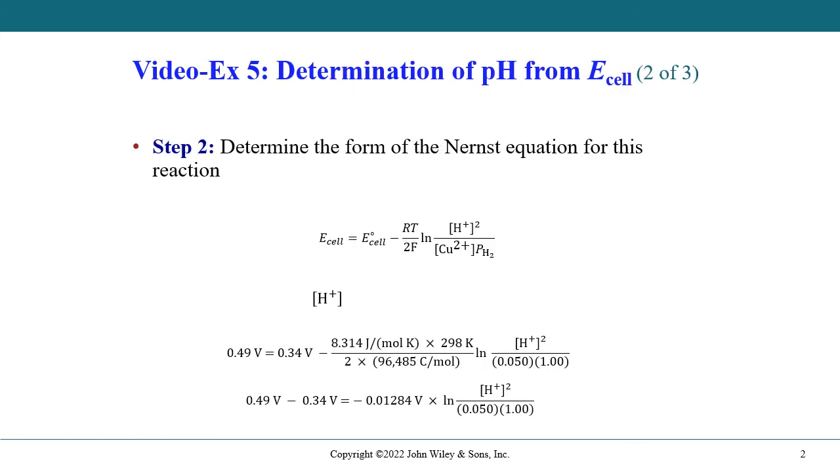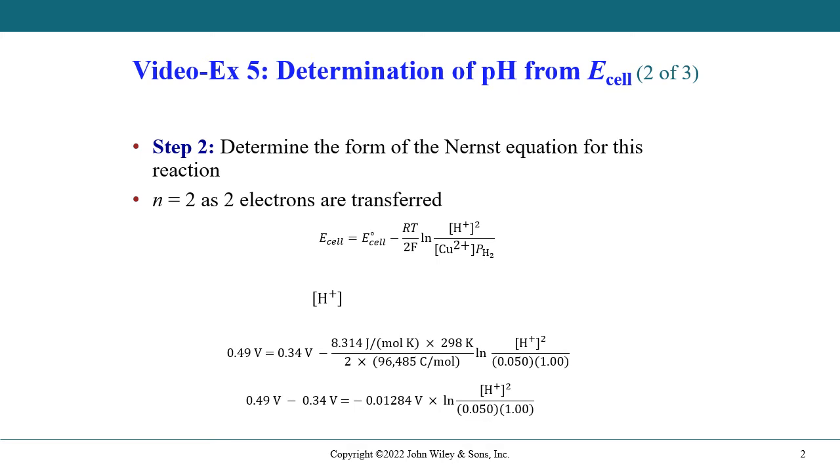Okay, then the second step would be to determine the form of the Nernst equation for this reaction. If we look carefully, we have two electrons that are transferred. We've got copper 2 plus going to copper, so there's two electrons transferred.